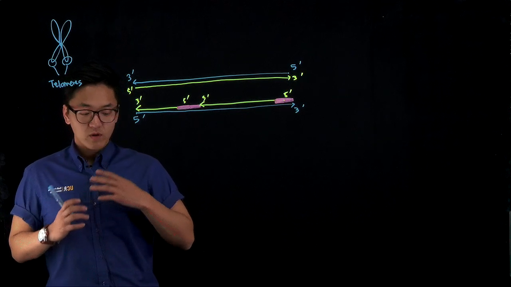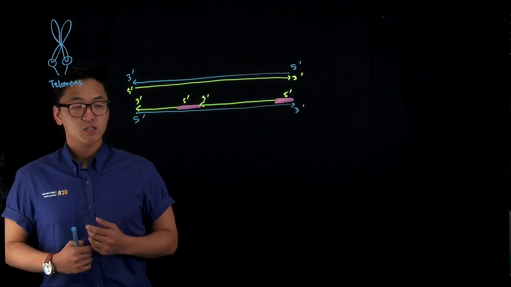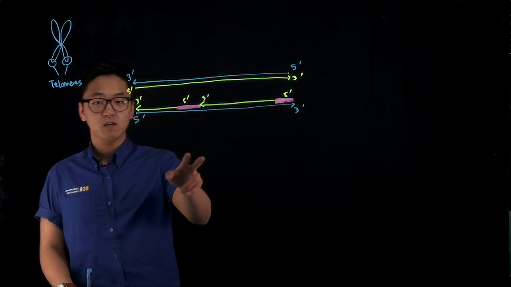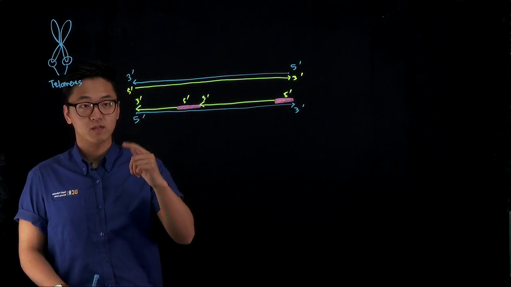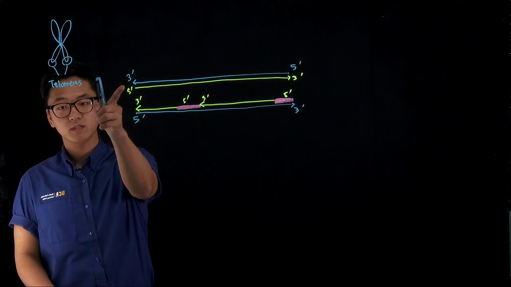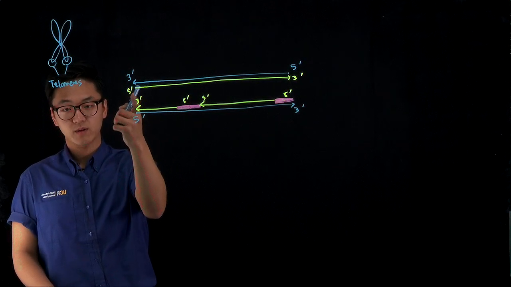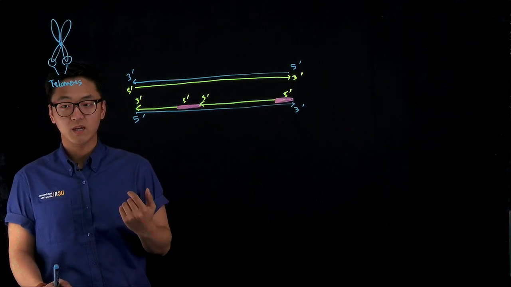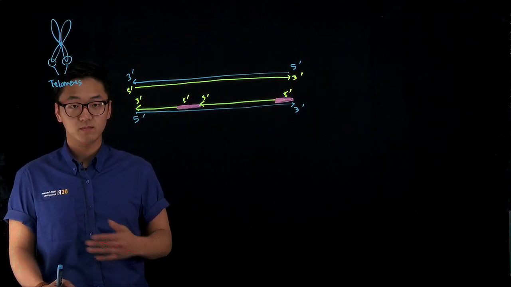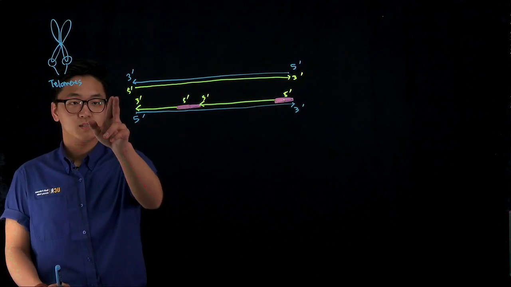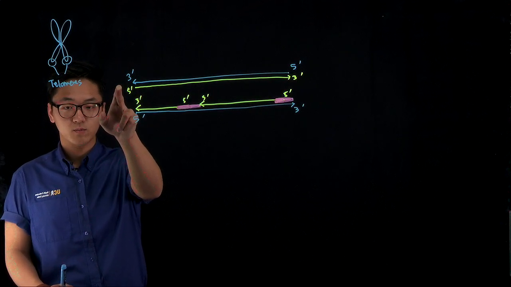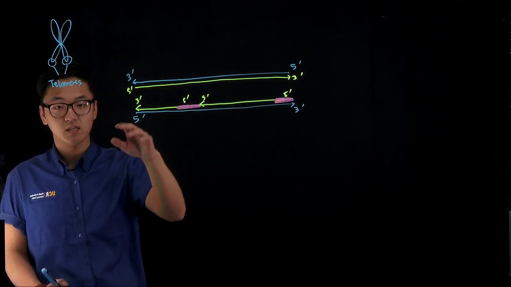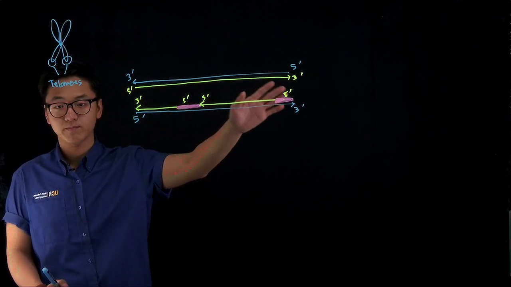Whenever we're talking about telomere replication, we can look at two different things: leading strand and lagging strand. The top strand over here is the leading strand. Since we know that we always synthesize DNA in the 5' to 3' direction, on the top strand the polymerase can constantly synthesize DNA bases without stopping.